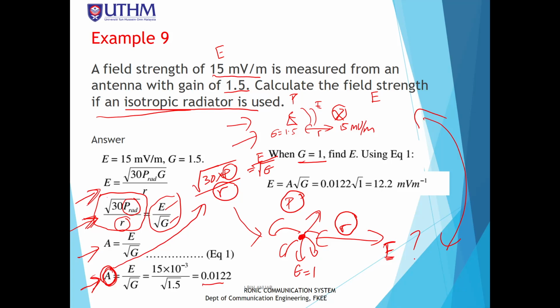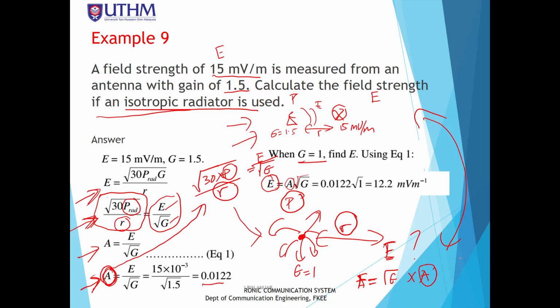And now we want to find the E parameter if we use a different antenna. Kita nak cari nilai E. We want to find the electric field parameter based on different values of G. So therefore, electric field is equal to square root of G multiplied with A parameter.